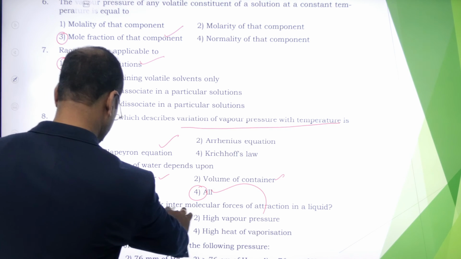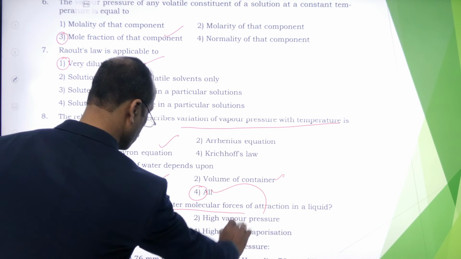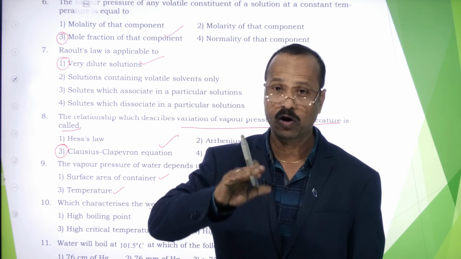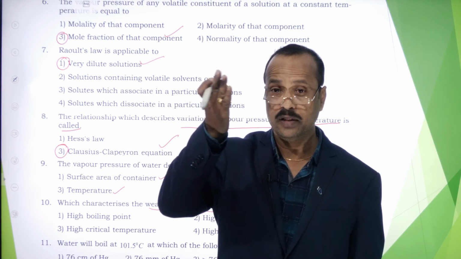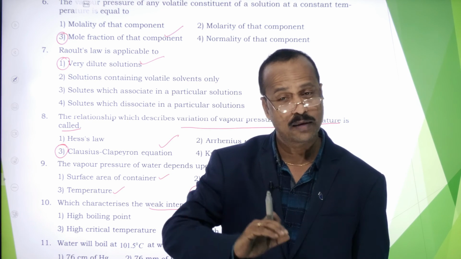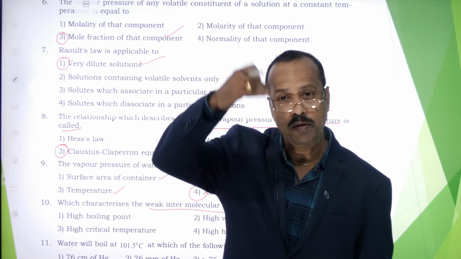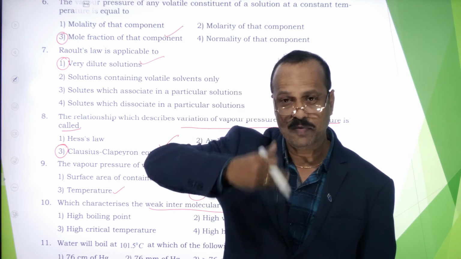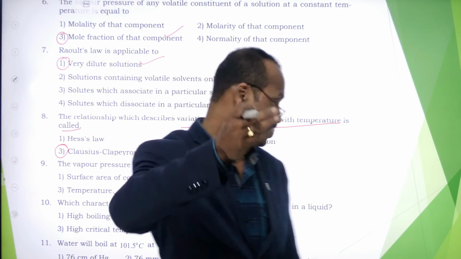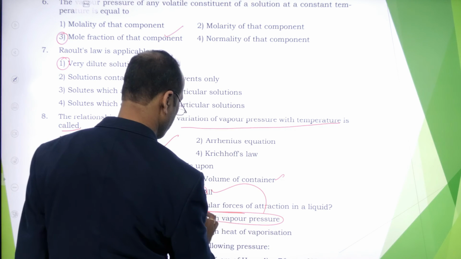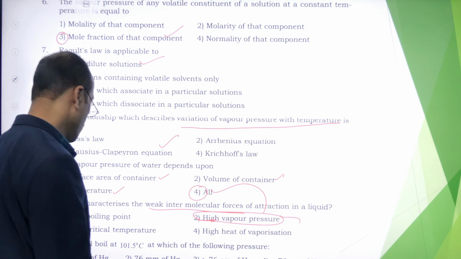If the force of attraction is more, the boiling point is also more. If the force of attraction is less, the boiling point is also less. If the boiling point is less, then more vapor exerts. The liquid easily converts into the gaseous state. So the answer is high vapor pressure, so the answer is 2.